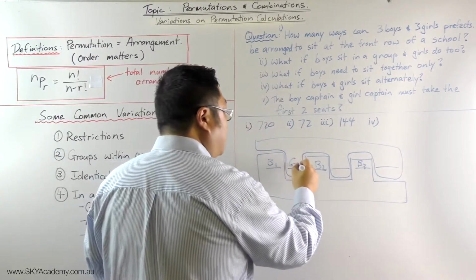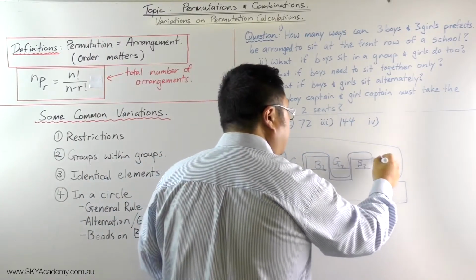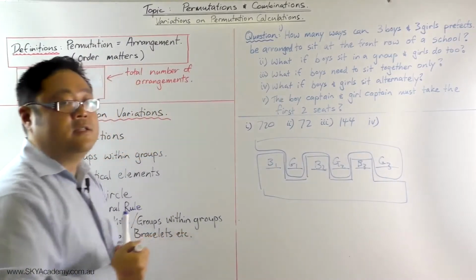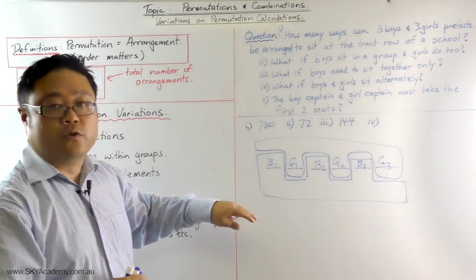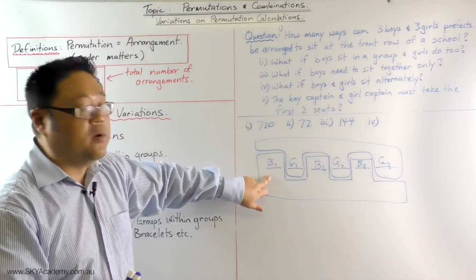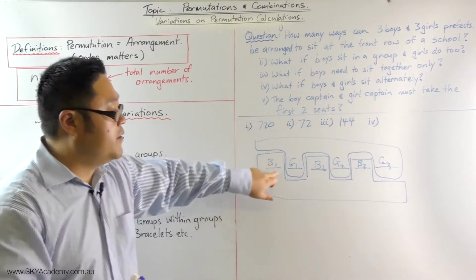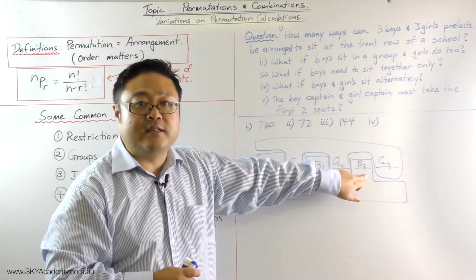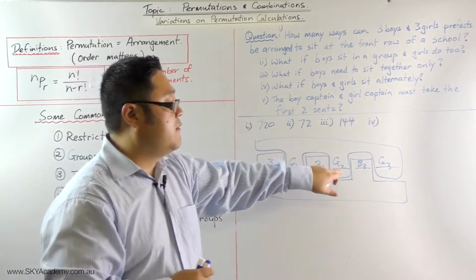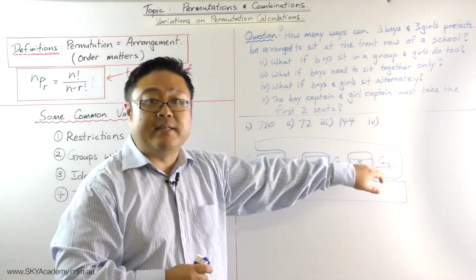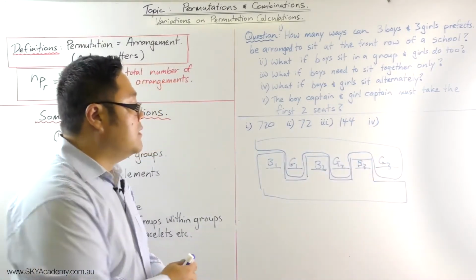And this is girl 1, girl 2, and girl 3, right? Do you see that you've basically got two groups? Yeah, you've got the group of boys, which will occupy the first, third, and fifth seats, and you've got the group of girls, which will occupy the second, fourth, and sixth seats. Does that make sense? Cool.